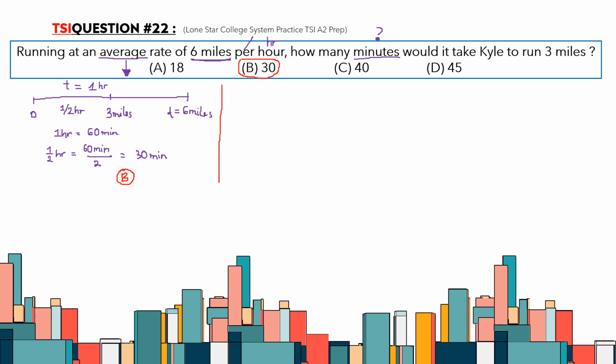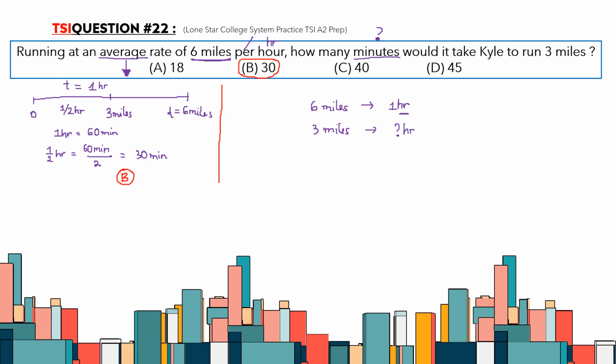But also, because it's the average rate of 6 miles per hour, we can set up 6 miles is we use how many? 1 hour. So 3 miles, how many hours?